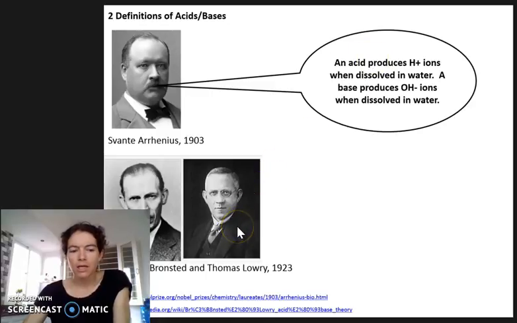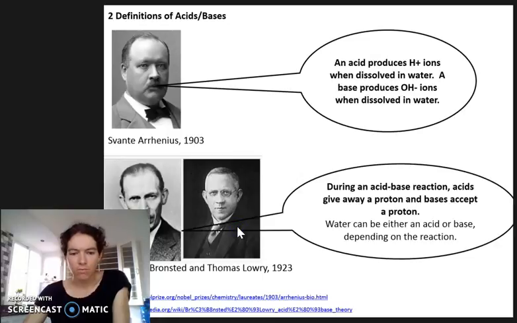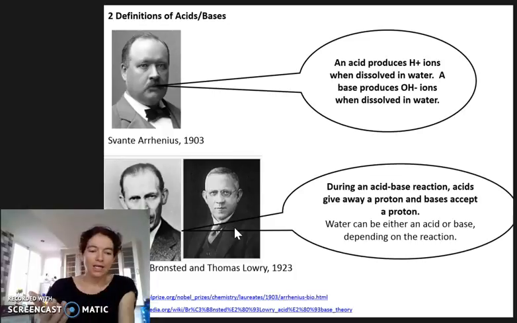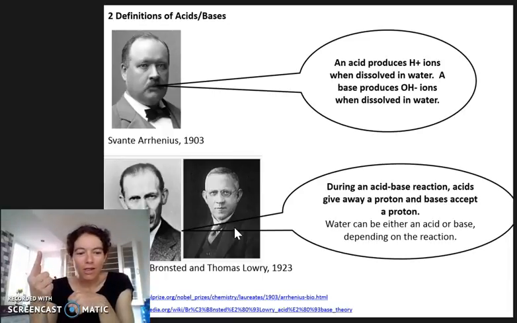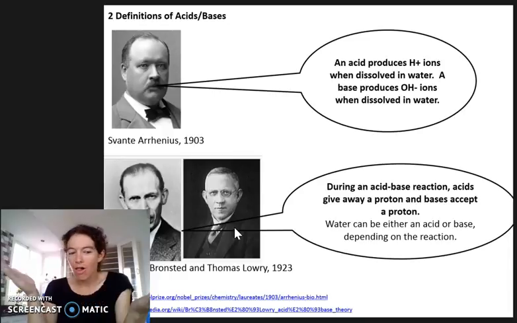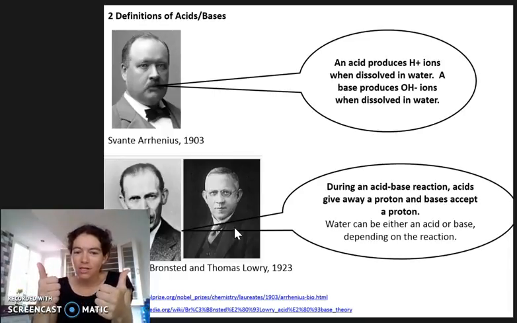But these guys, Bronsted and Lowry, independently came up with a different definition. They said if there's a reaction where there's an acid and a base, the acid gives away a proton. Scary, a proton? But all it is is an H plus ion, because hydrogen has one proton and one electron, and if it's a positive hydrogen ion, all it has is one proton. There's no electron. So perfect, a hydrogen ion.